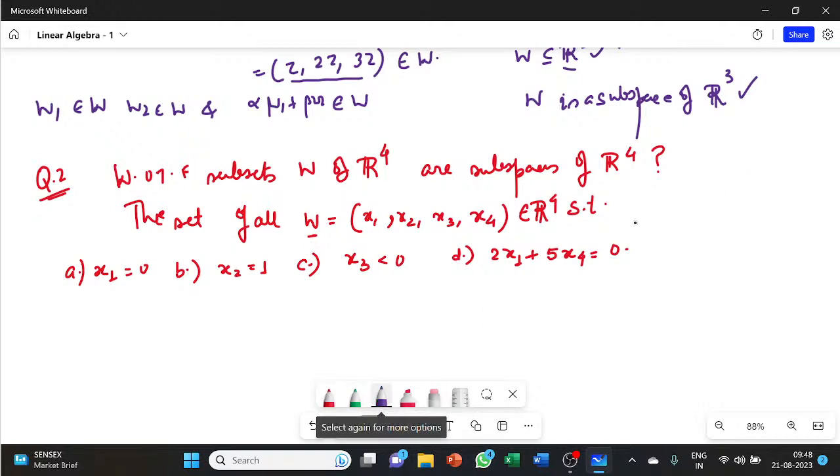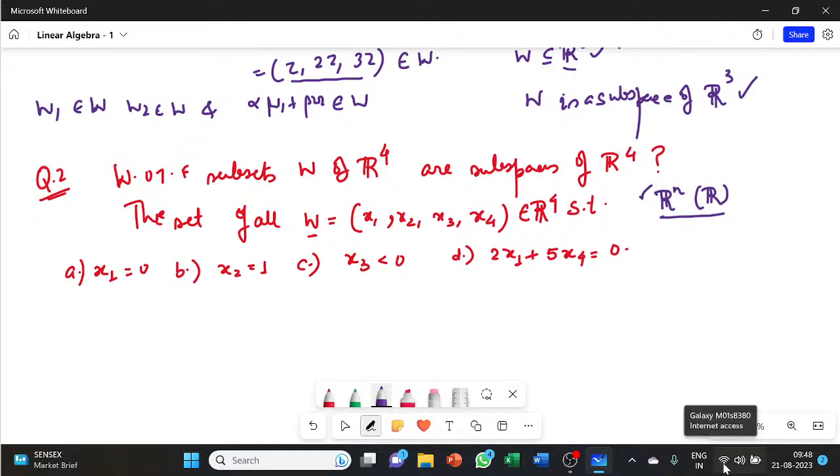Please remember, we have already proven that Rn is a vector space over R. So clearly this 4-dimensional space is also a vector space. And indeed, if I keep one coordinate as 0, this forms a subset of R raised to power 4.